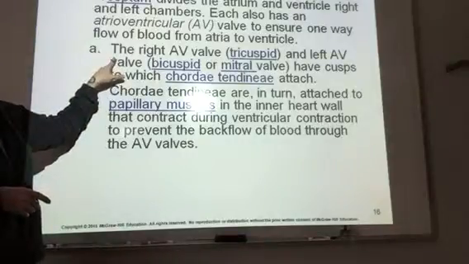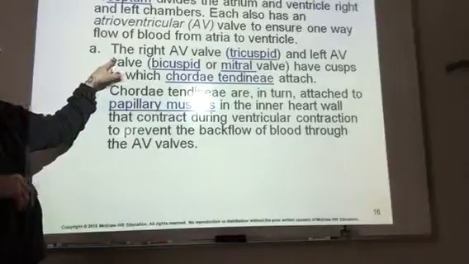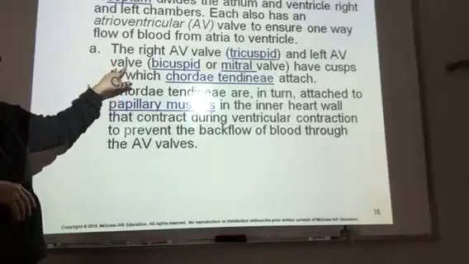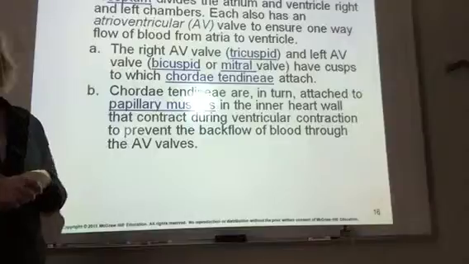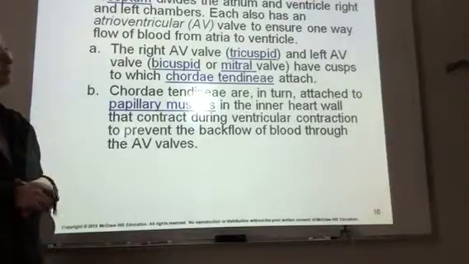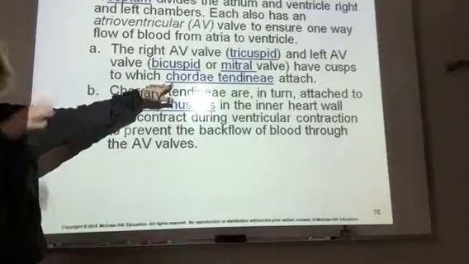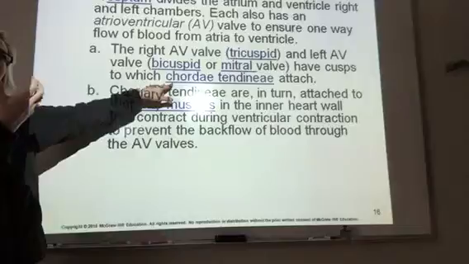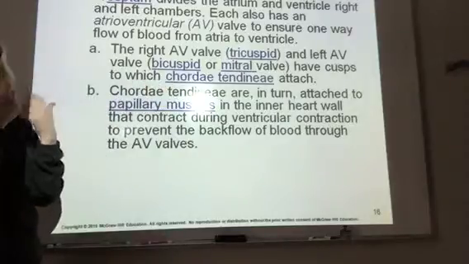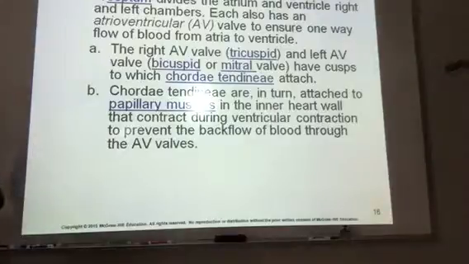Right AV valve is called tricuspid. It has 3 cusps or parts to it. The left AV valve is called bicuspid. It has 2 flaps, or it's also called the mitral valve. And then these chordae tendineae are long, stringy muscles that hold those flaps from flapping through or pushing through to the other side.